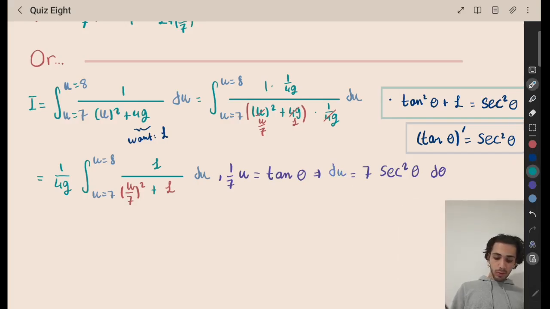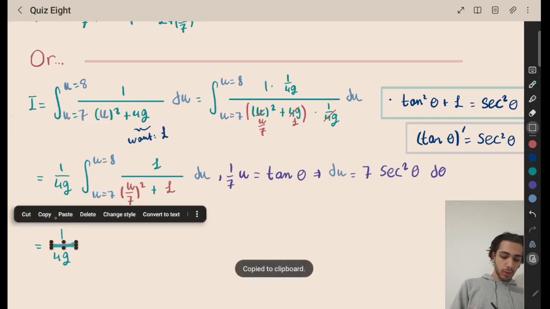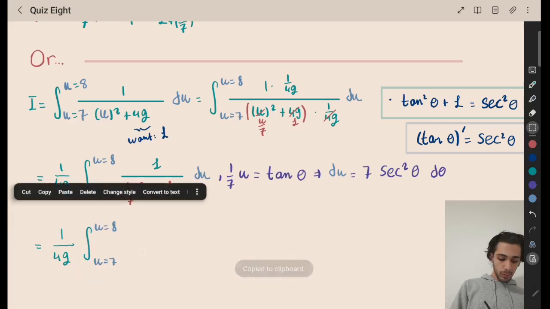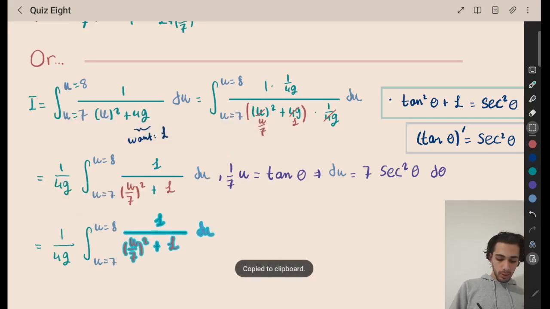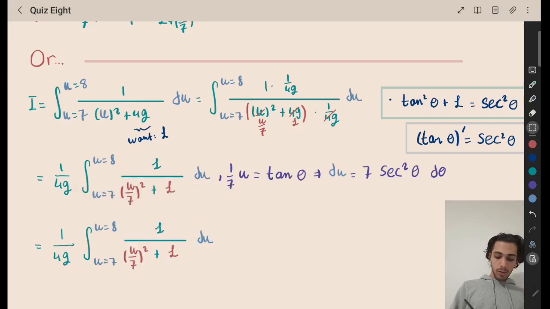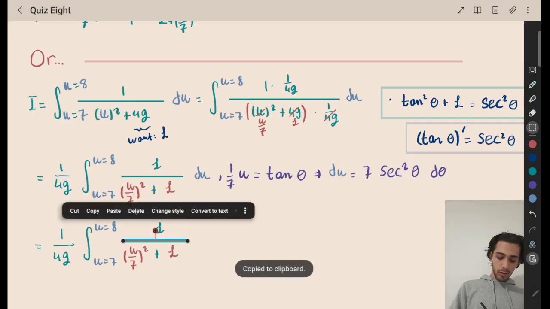So I can immediately proceed as follows. On the outside I have 1/49. The boundaries are still in terms of u. That's very important. And I now do my magic. So my du goes away. I put 7 sec squared of theta d theta.